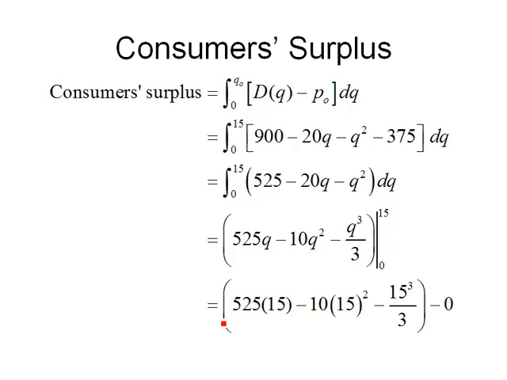So when I do that, I get the quantity 525 times 15 minus 10 times 15 squared minus 15 cubed over 3. And when I put in 0, I get 0. If I work out the arithmetic, I get 4,500. So by paying the equilibrium price instead of following the demand curve, the consumers actually save $4,500.